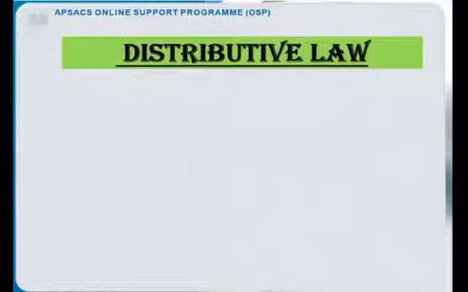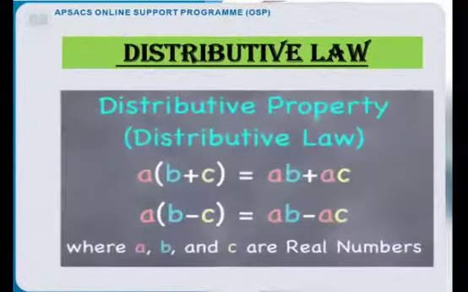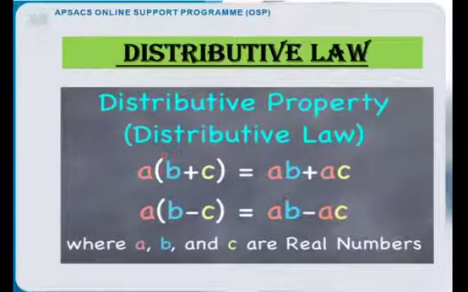Distributive law. Now today's first topic is distributive law. What is distributive law? See, A is outside, and it is going to multiply with B and C: A bracket B plus C equals AB plus AC.